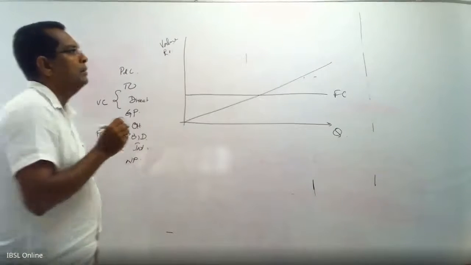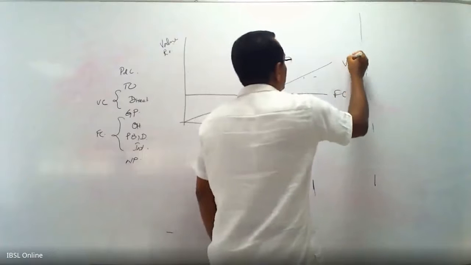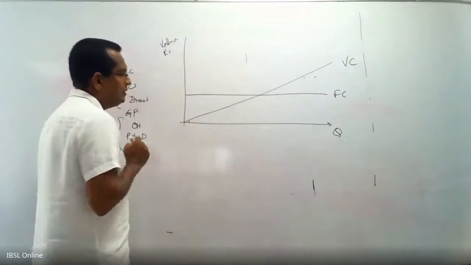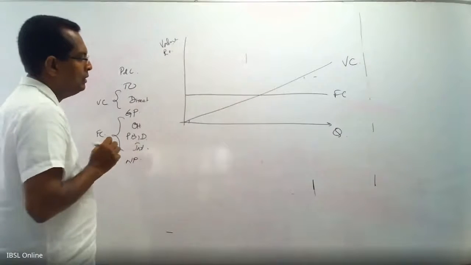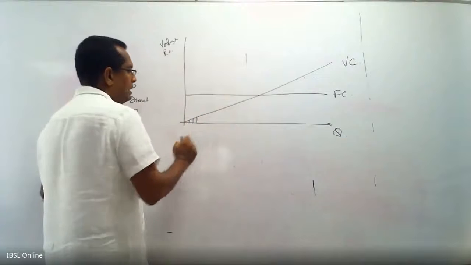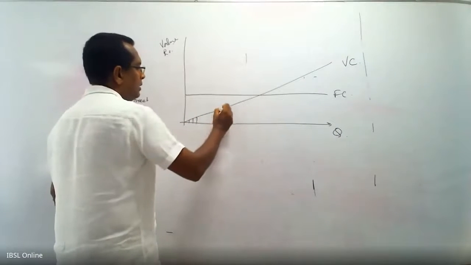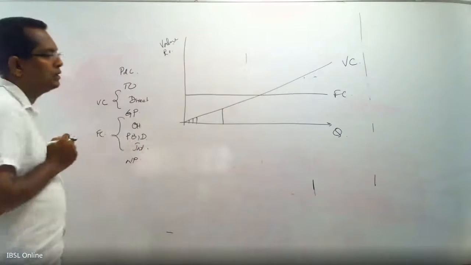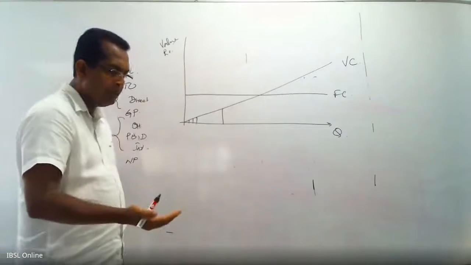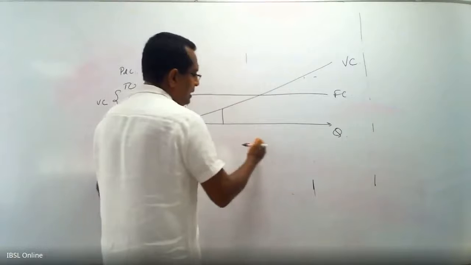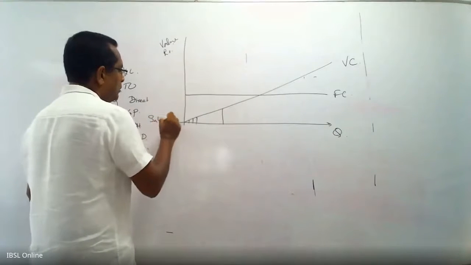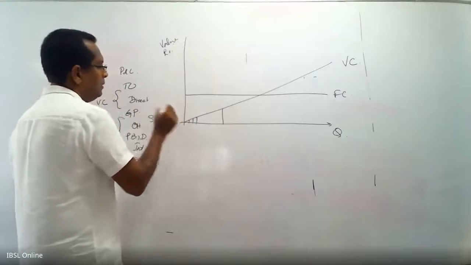If you produce 1 unit, this is your variable cost. If you produce 2 units, this is your variable cost. 3 units, it is your variable cost. 15 units, this is your variable cost. Right? With the number of units you sell, your variable cost increases. We assume sales quantity equals production quantity.